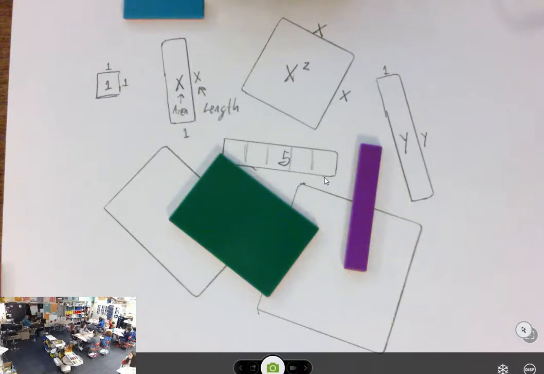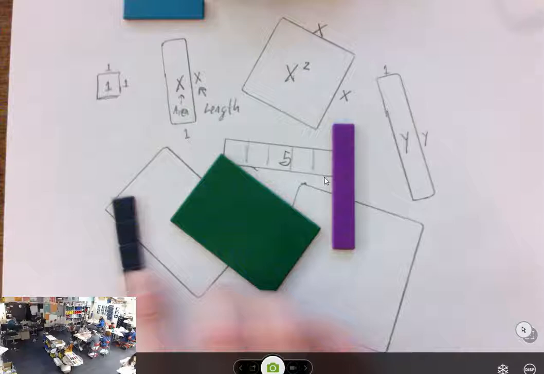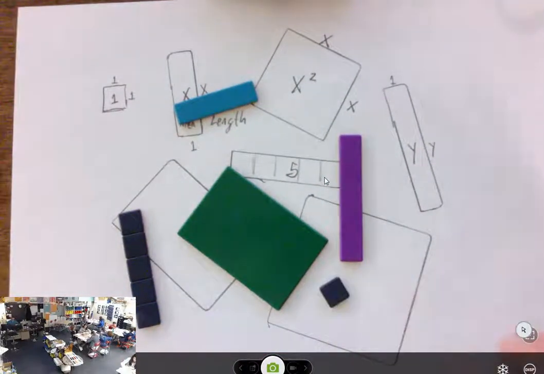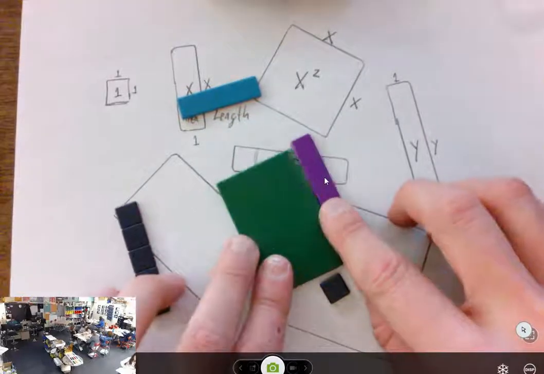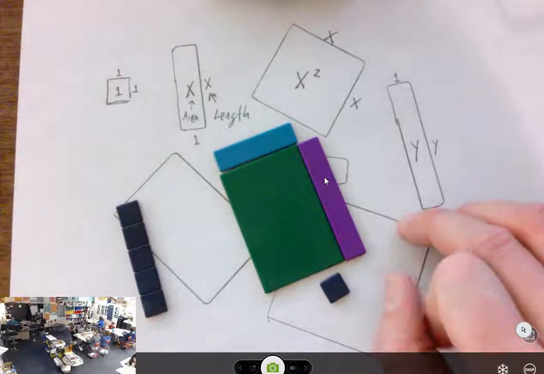Commutative. So not communicative, because that means you will give somebody else a disease, a communicative verb. So, why do you say XY? Because one of the sides, if you take the long Y piece and put it on there, it matches. And then if you take the long X piece and put it on there, it matches. So X times Y equals XY.